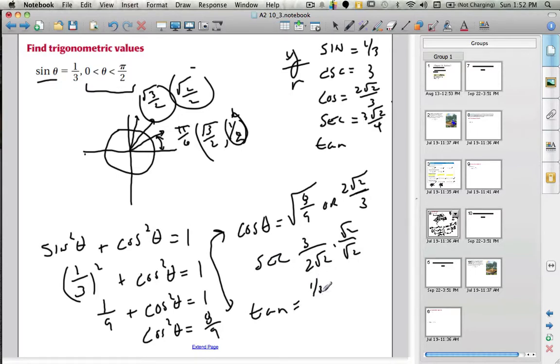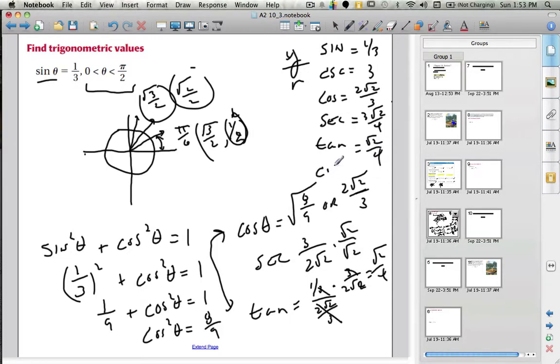So that's going to be 1/3 divided by 2 root 2 over 3, which would be equal to this times the reciprocal. These guys will cancel. I'll have to multiply it by root 2 over 2, so that'll be root 2 over 4. So root 2 over 4.